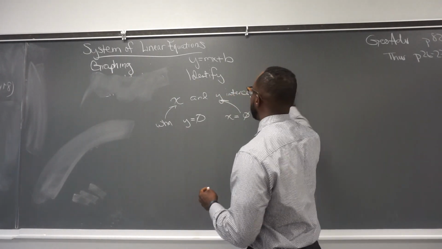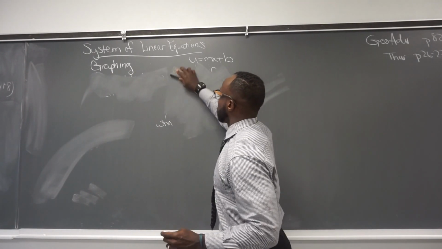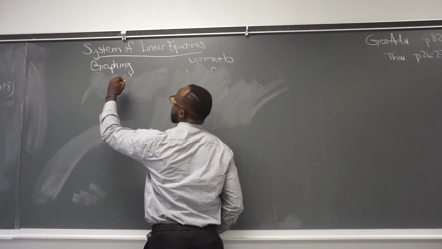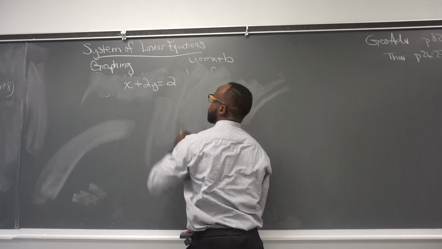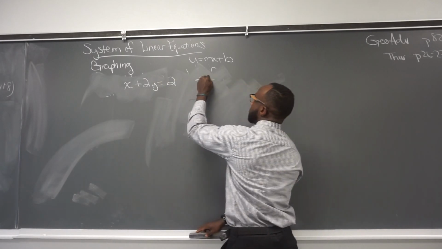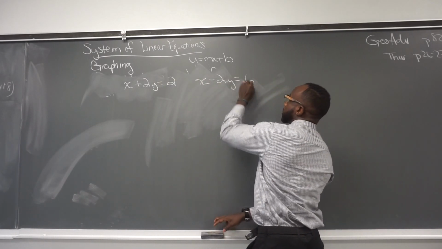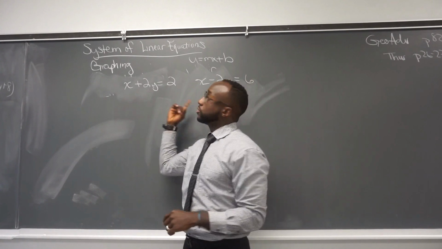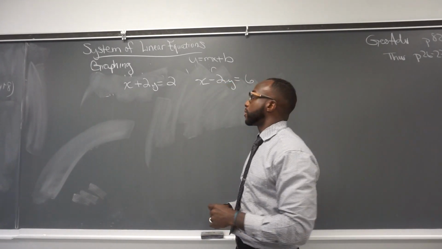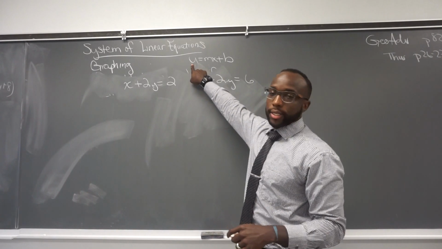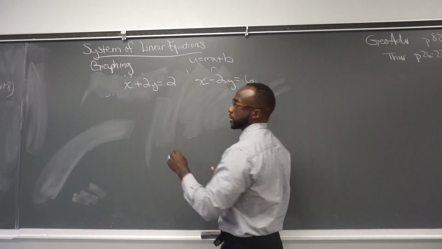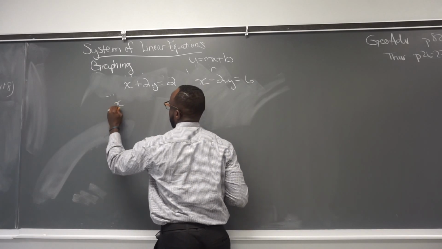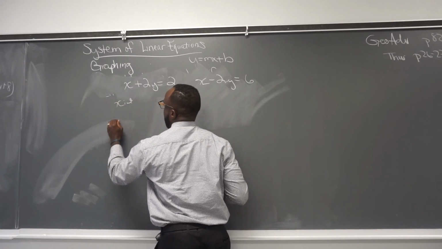Let's look at these two lines here. We have x plus 2y equals 2, and we have x minus 2y equals 6. Now these two lines are written in standard form, right? And what I would usually do is change it to slope-intercept form. But what I'm going to do is find the x-intercept and the y-intercept.